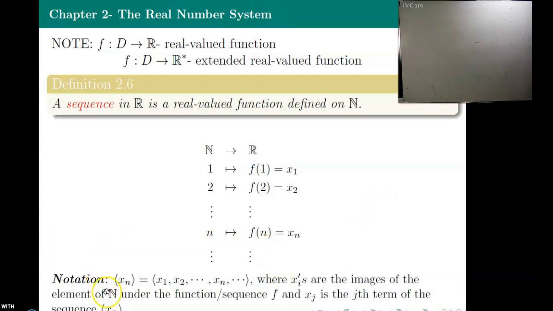This is the notation of sequence, where x sub i's are the images of the elements of the set of natural numbers under the function or sequence f, and x sub j is the jth term of the sequence. So this is the first term, second term, and this is the nth term of the sequence.